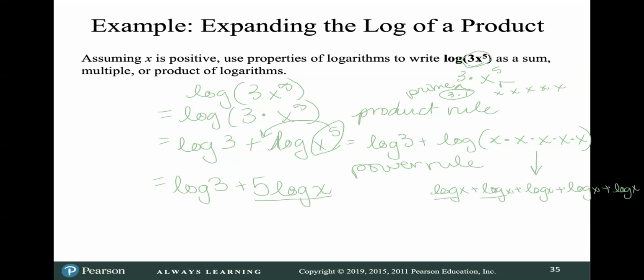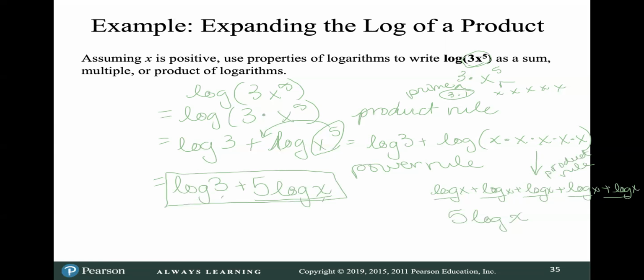And if I have 5 of the same thing added together, that's 5 times log of x. So that's how we can get the same thing using the product rule. And that shows how the power rule comes directly from the product rule. Okay, so now in my argument, 3 is prime, x can't be factored any further. So then this will be my final expanded answer.